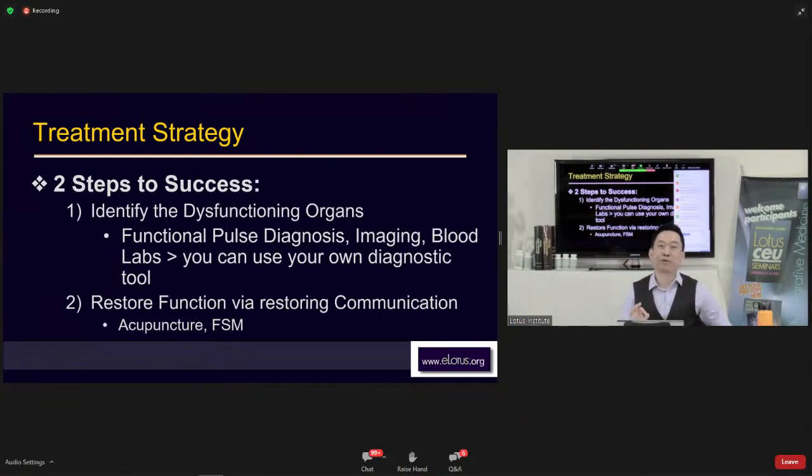It doesn't really matter which diagnostic tool you use, but here's a key: if some of you are new and you're not sure which diagnostic tool to use, find the one that can help you identify consistently and accurately, right? Don't just go learn a ton of them.